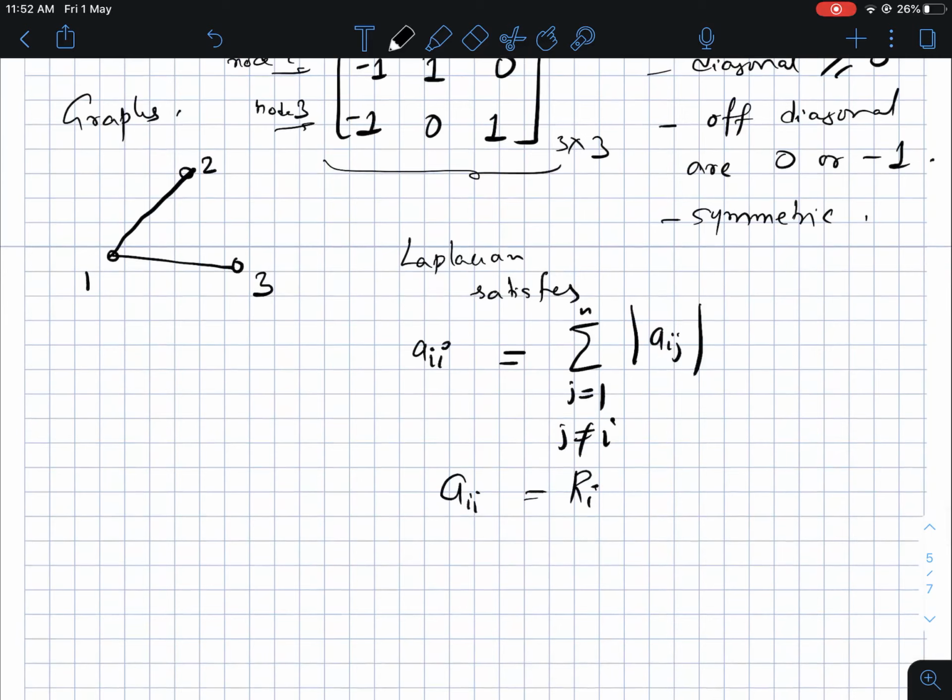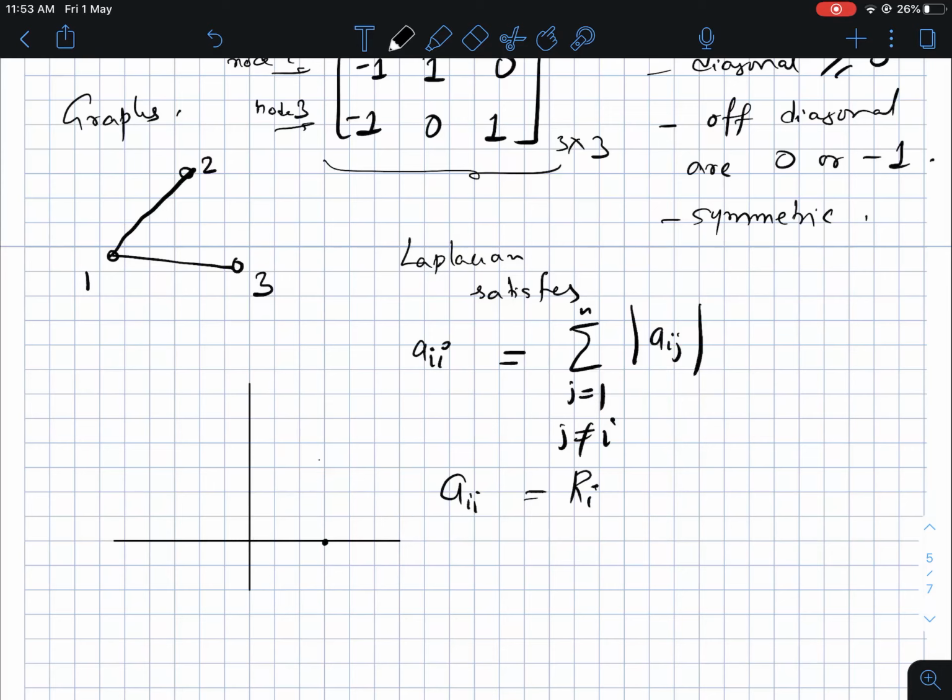Okay. So what will happen when you draw the Gershgorin circles? Right? When you draw the Gershgorin circles, every Gershgorin circle, let's say this is the center, then the radius will actually be equal to this distance. That means the Gershgorin circle will certainly pass through the origin, will certainly hit the origin, like this.